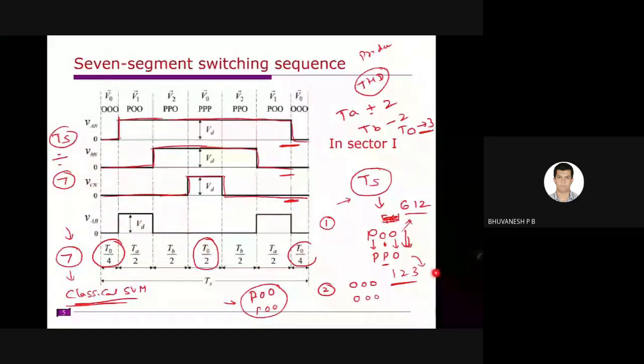We place this zero pulse at the center, and the rest we divide into two parts, placed at the right hand side and the left hand side. Clear? So TA we divided into two halves, one TA by 2 here and another TA by 2, right?